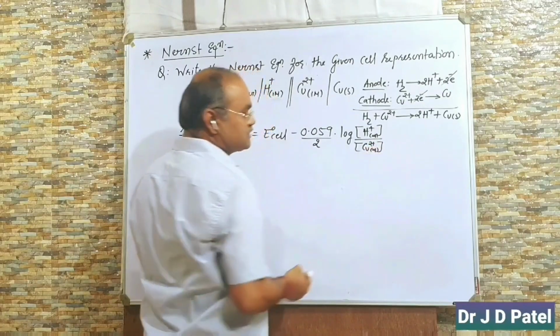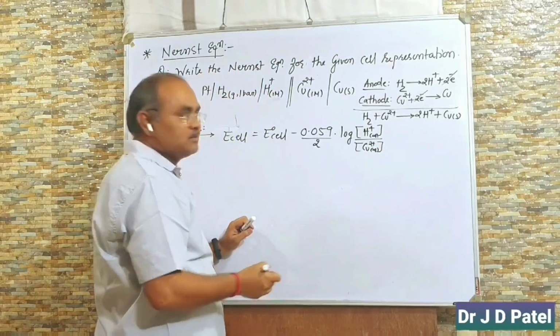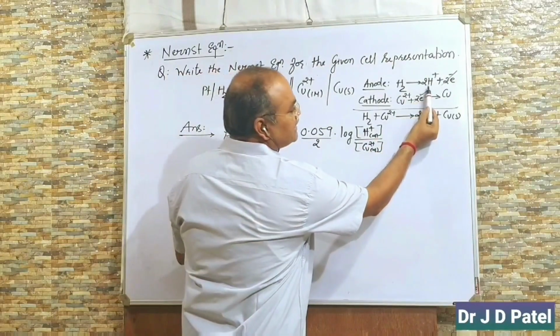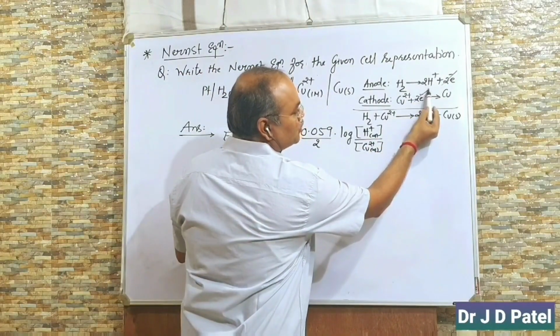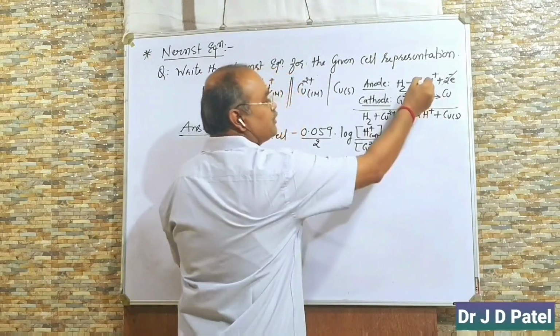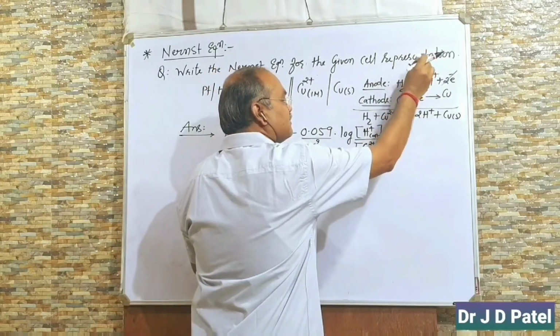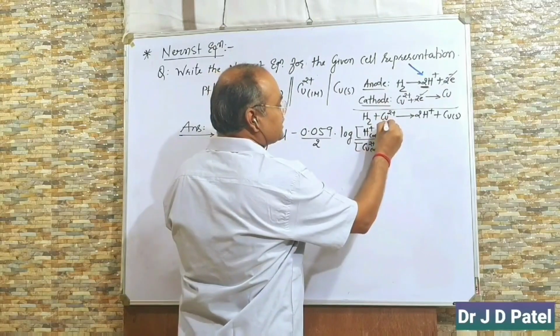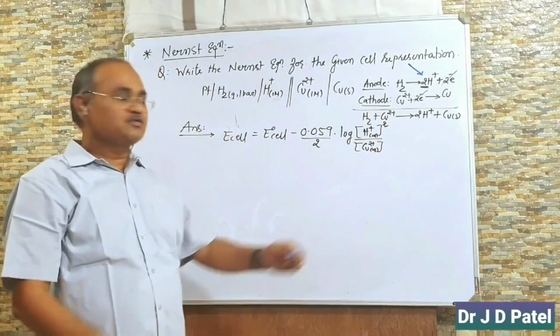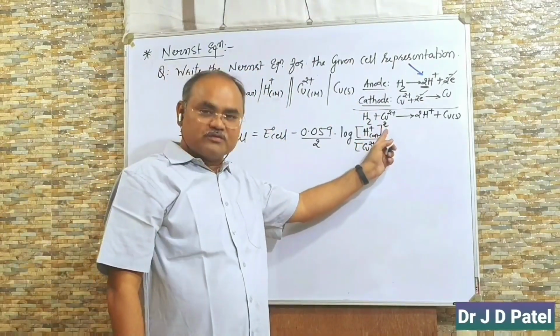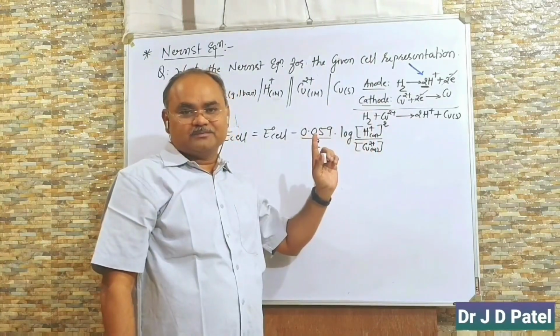Because here you can see how many H plus are there? 2. So when 2 H plus are there, here you have to make it square. So this is important. If you don't square it, the value will be wrong. Is this clear now?